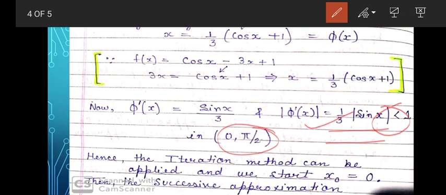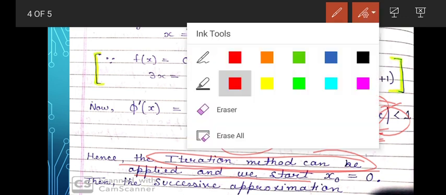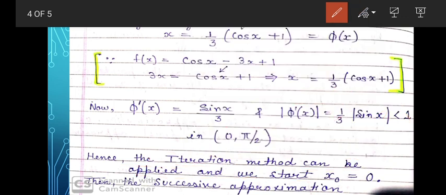This is correct, hence the iteration method can be applied. It is necessary that you first check whether the function you get after differentiating is less than 1 or not. If it is not less than 1, then you cannot use the iteration method there.